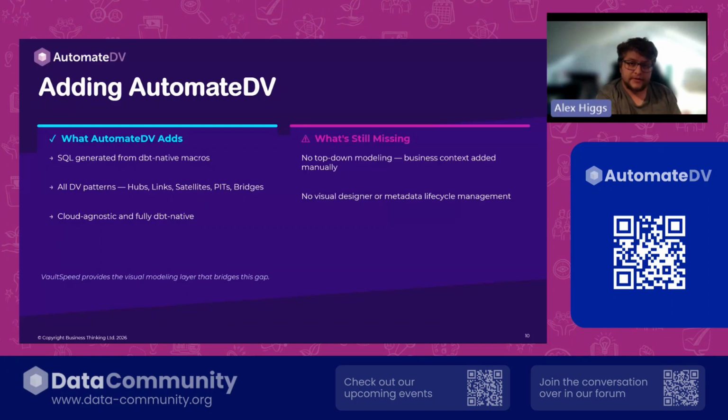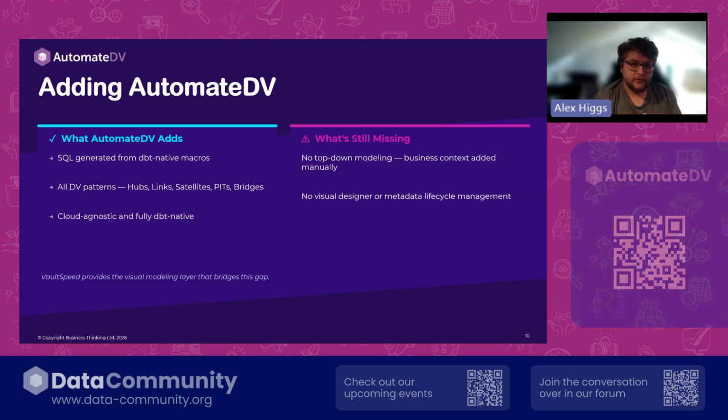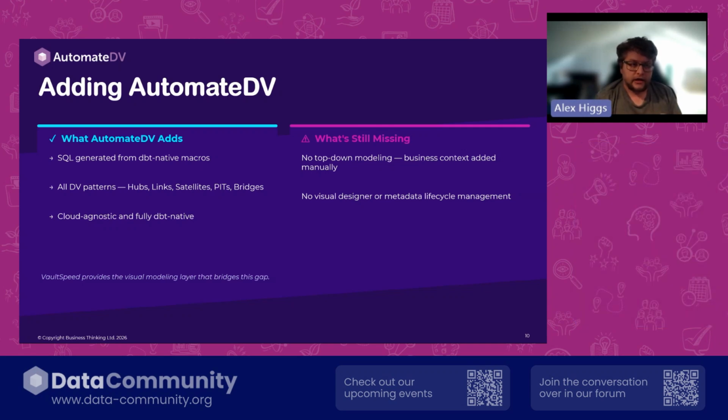And because AutomateDV is part of the DBT ecosystem, you get all the really powerful benefits of DBT, which include the testing, the generation of the documentation website, all the lineage, and all that other stuff around it. What you don't get is metadata management and the Data Vault modeling piece, which are probably two of the biggest processes in Data Vault that aren't yet covered.